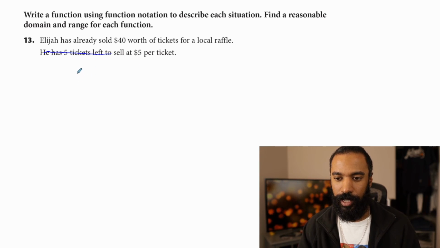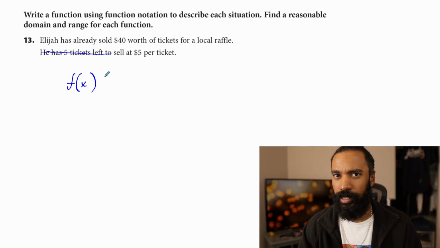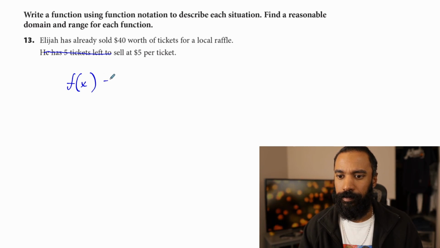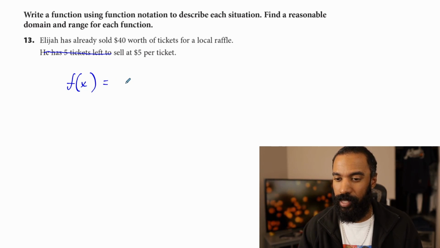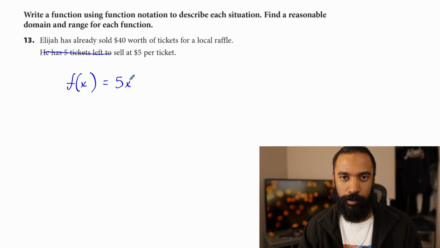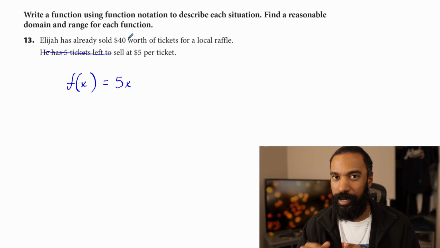So the function of how many dollars Elijah has made by selling these is going to be based upon the number of tickets he has remaining, the price point he sets per ticket, and then you have to consider the fact that this is all the money he's made.